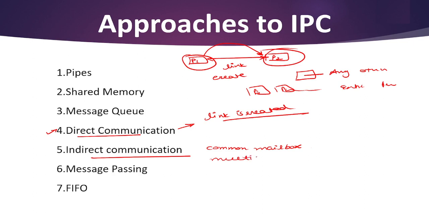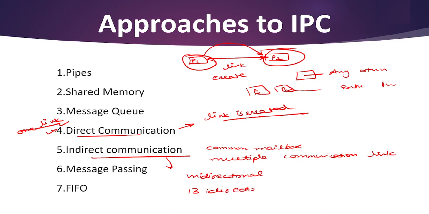So here you can share multiple communication links, and in case of direct communication you can share only one communication link, right? These shared links can be unidirectional or bidirectional. That means one-way communication is allowed here, and two-way communication is also allowed here.